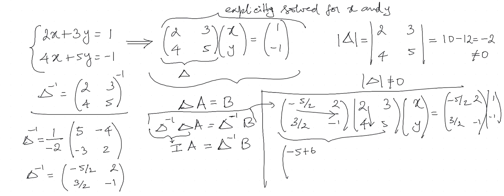For the 3, forget the first row, second column, 4, and the power makes it minus 4, correct. Minus 3 is also right, and 2 is also right, isn't it? Yes, uncle. Then taking the minus 2 inside to divide, it will be minus 5 over 2, 2, 3 over 2. Everything looks correct.